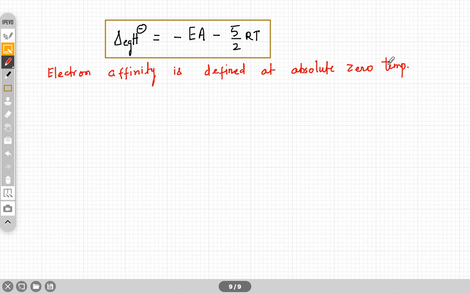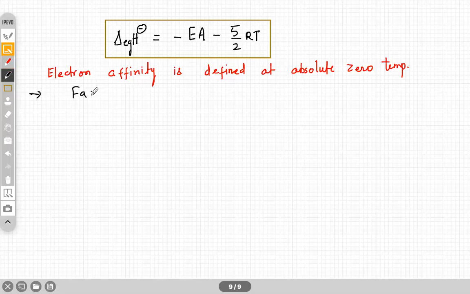Next, write down the factors affecting electron gain enthalpy. The first point is size of an atom.